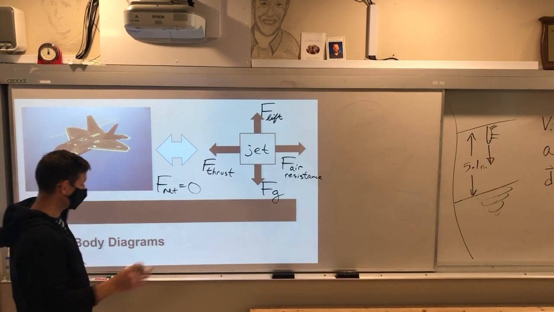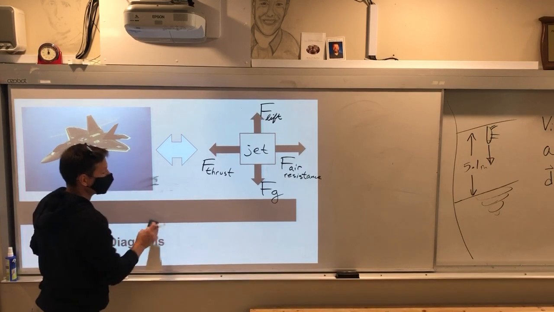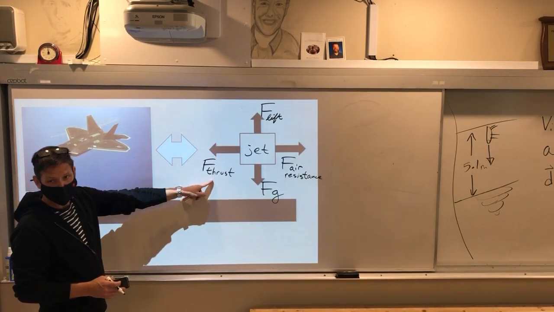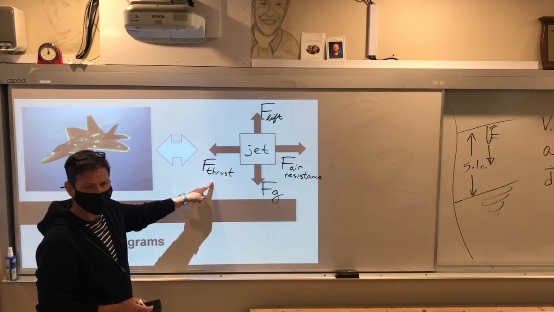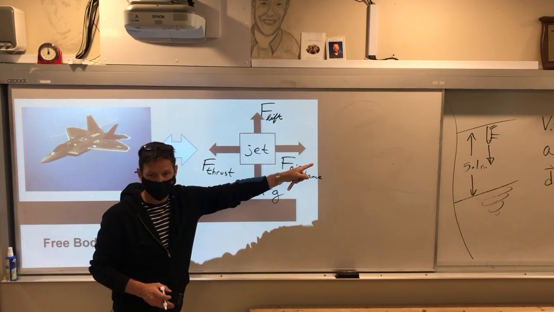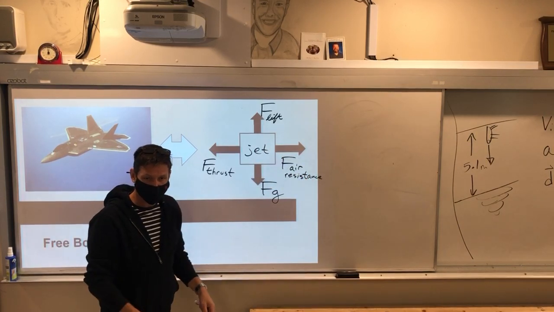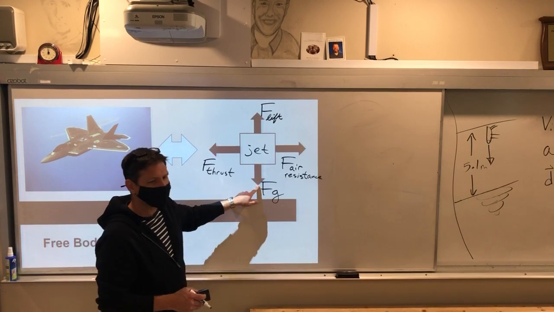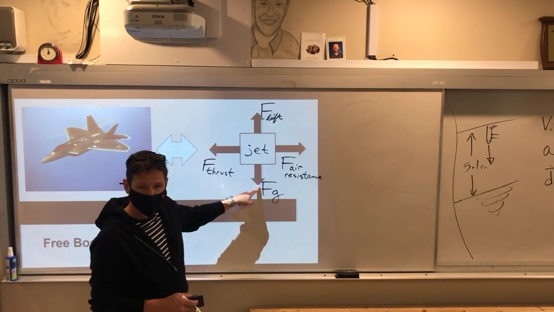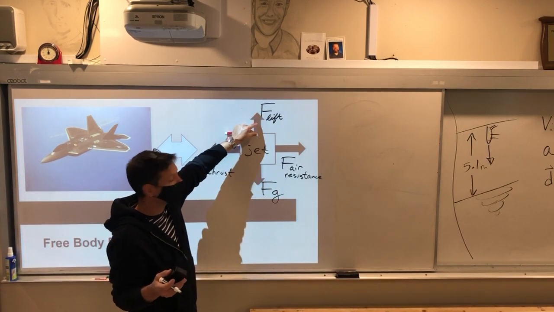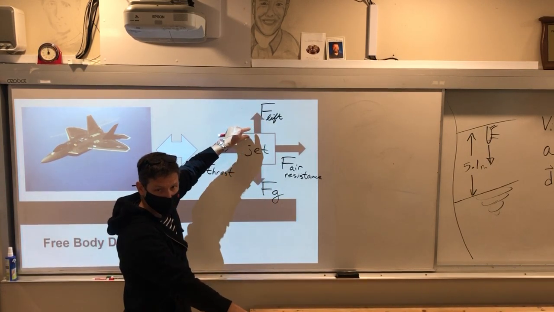It's unequal, this is no longer 0, and the forward force is going to be bigger, right? What if it's slowing down? Then this is smaller and air resistance is bigger, right? What if it's falling? Gravity's bigger. Is gravity going to grow? No, gravity stays the same. But lift will shrink, right? And then the jet will go down.